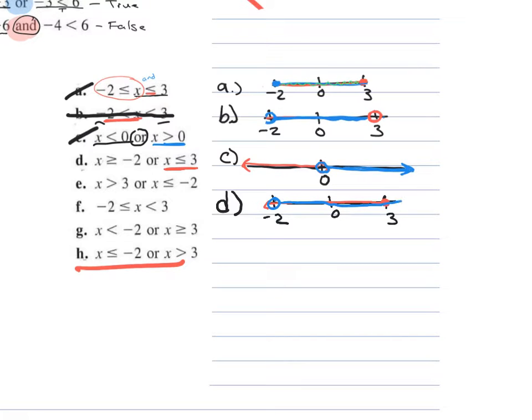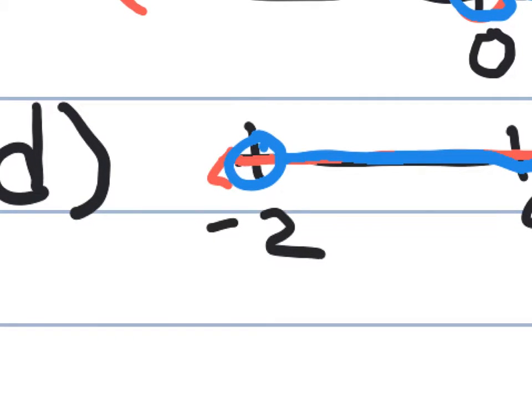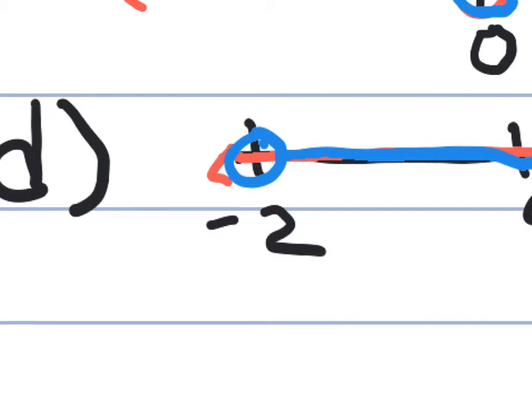Now notice in this case, every single number is included because this is an OR thing. So all the red numbers are included and all the blue numbers are included. Now you might look here and go, wait a minute, but -2 was not included. Well, it wasn't included on the blue line, but it was included on the red line.